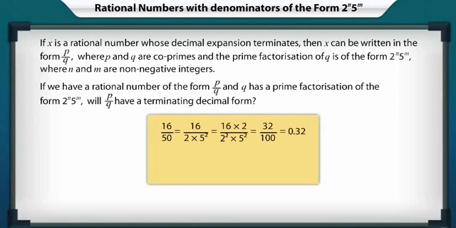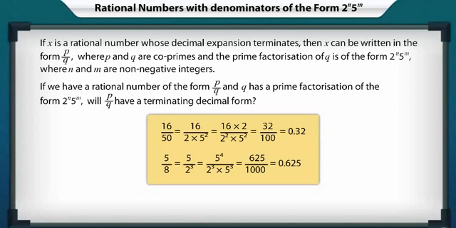16 by 50 has a denominator whose prime factorization is 2 into 5 square. You can see that the decimal representation of this rational number is finite. Look at another example. 5 by 8 has a denominator whose prime factorization is 2 cube.